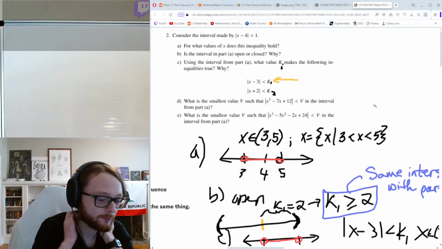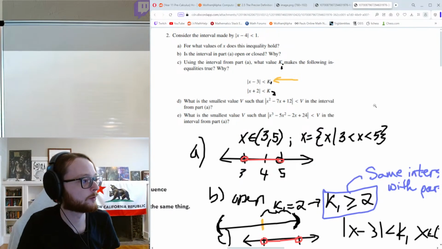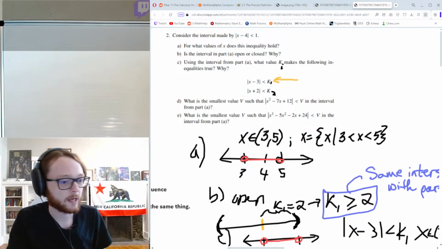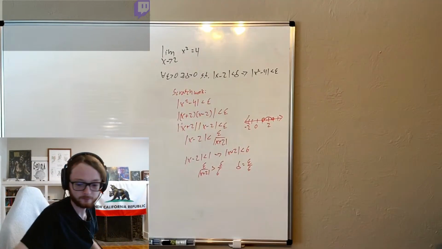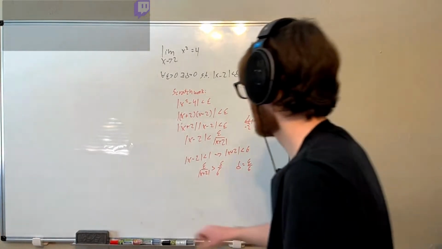Oh, epsilon number 3 works. Interesting. Yeah, there's a much easier way to do it than the number line way that I was thinking. It's an easier way for me to think about.